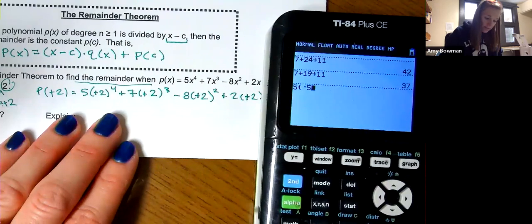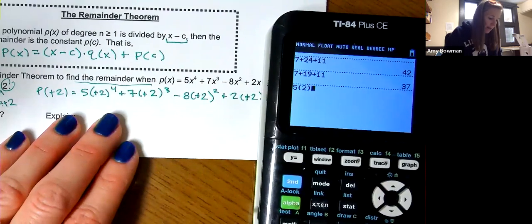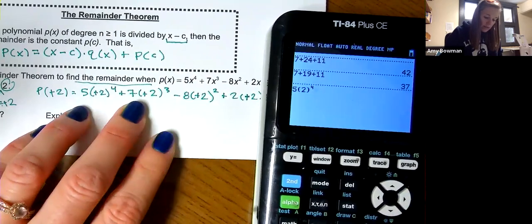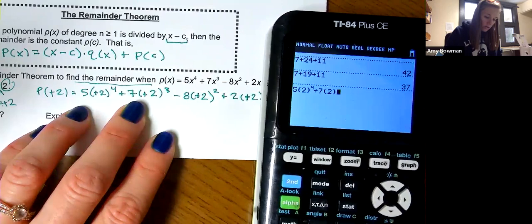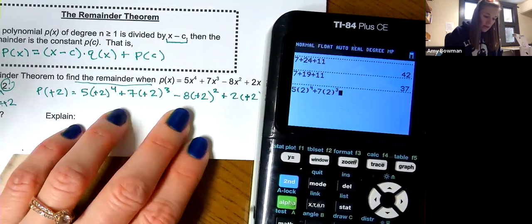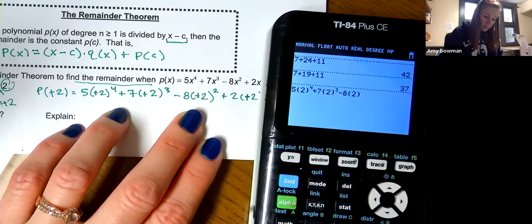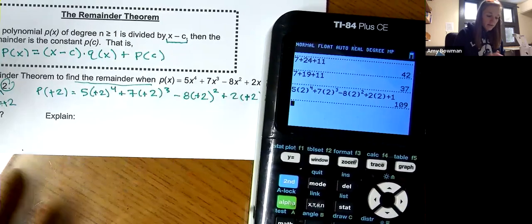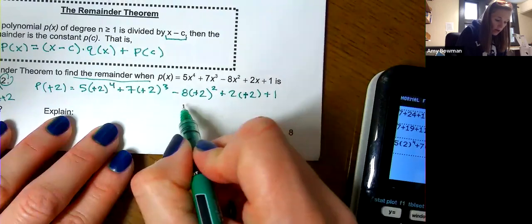Okay, so 5 times 2 to the fourth plus 7 times 2 cubed minus 8 times 2 squared plus 2 times 2 plus 1. 109. That's correct because I've checked that.